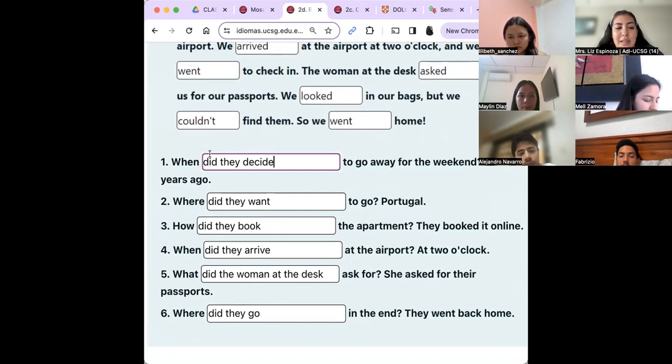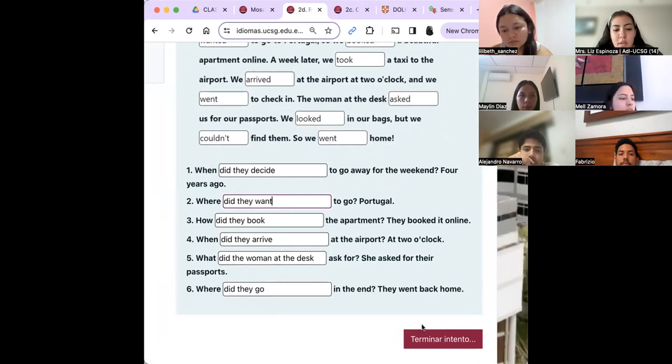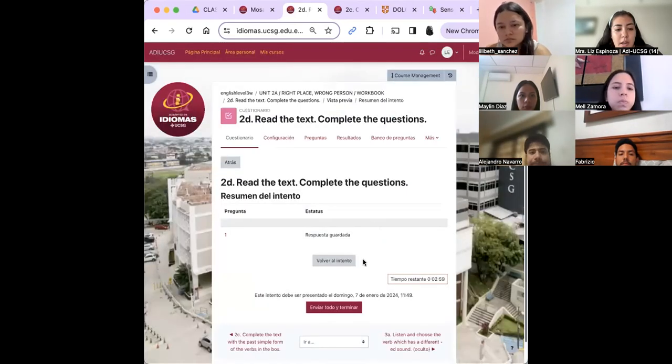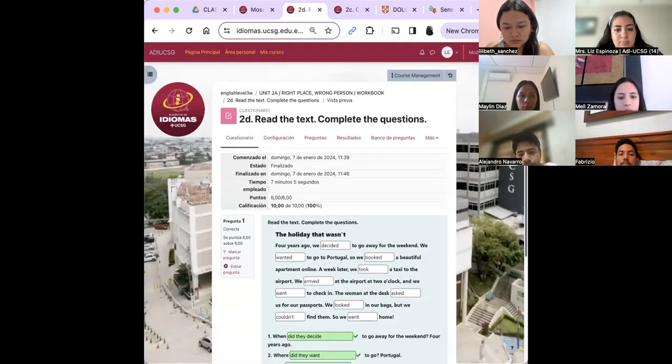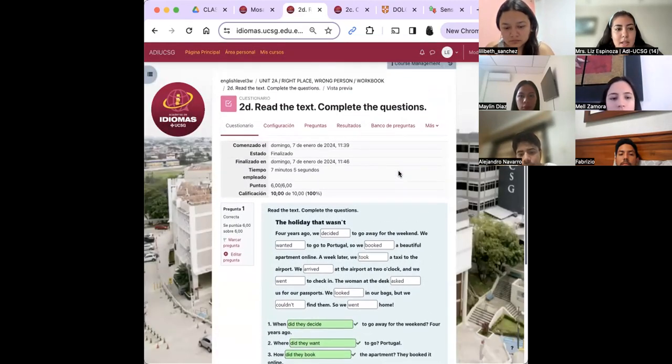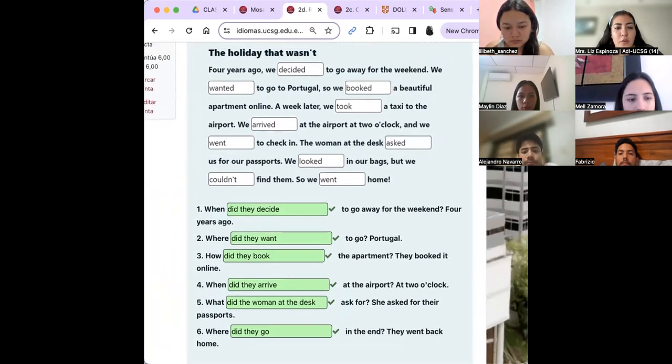So you have to put did, decide, not decided. Like in negative, you have auxiliary and you don't change anything in the verb. Be careful with that. Excellent. So go to 2D, refresh the Moodle if you cannot see the exercise, 2D, and answer, please.